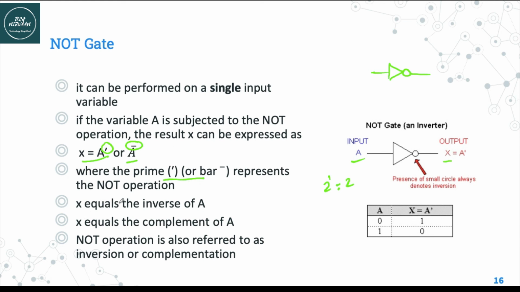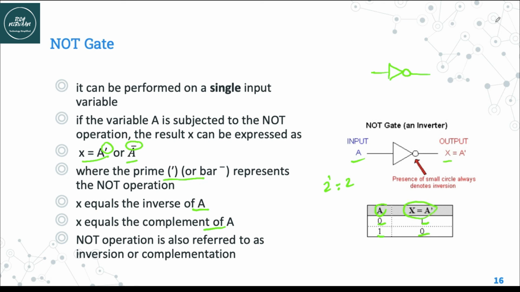We can read like this, X equals the inverse of A, or X equals the complement of A. NOT operation is also referred to as inversion or complementation. So it inverts the input or complements the input. So if the input is 0, output of the NOT gate will be 1, and if the input is 1, output of the NOT gate will be 0. So truth table would be like this. If the input is 0, output is 1, input is 1, output is 0.